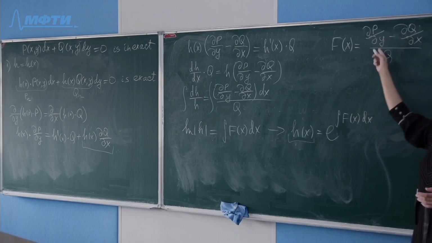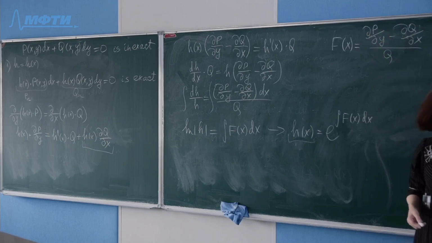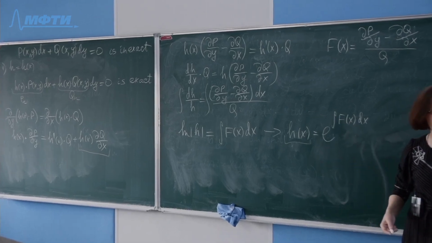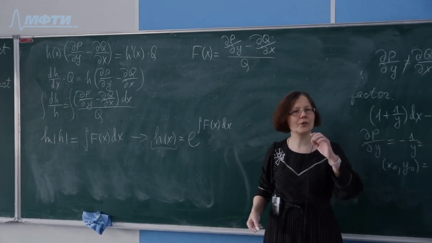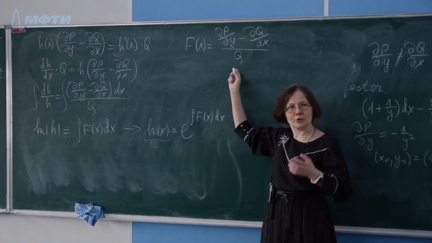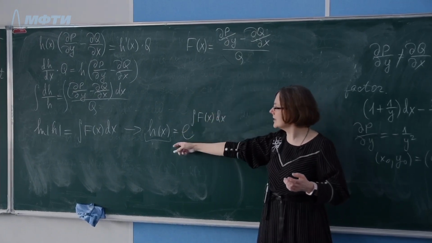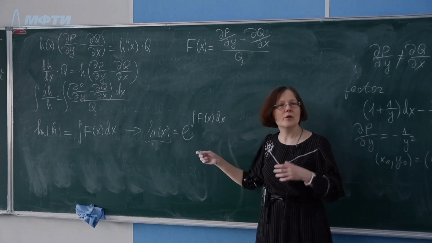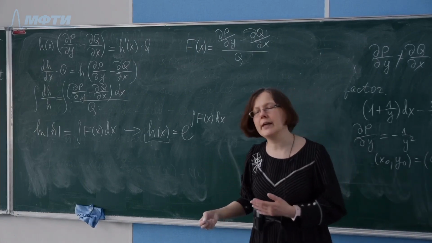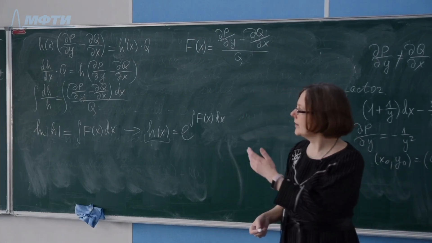Sometimes this expression depends on two variables. Then we can't use this method, we can't find an integrating factor, right? So on the first step, we should check whether this function depends only on one variable, and then after this, by integrating, we will find the integrating factor.